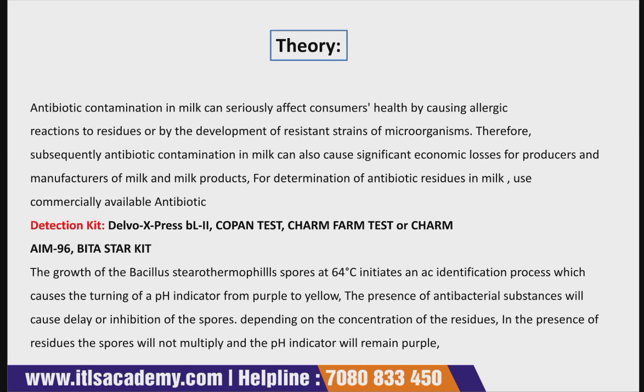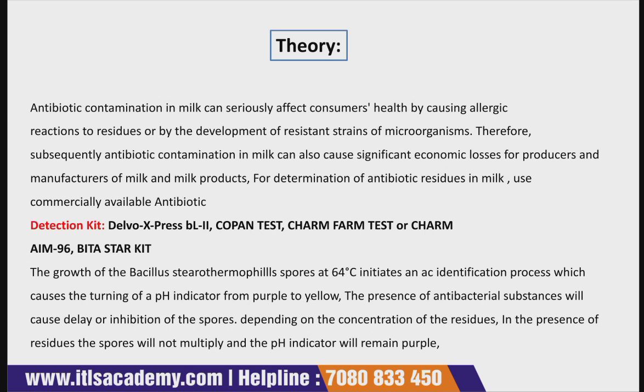So for the determination of antibiotic residue in milk, use commercially available antibiotic detection kits. There are different types of kits, and those kits are used to determine whether antibiotic residue is present in the milk sample or dairy sample or not. So what are the different types of kits available in the market?